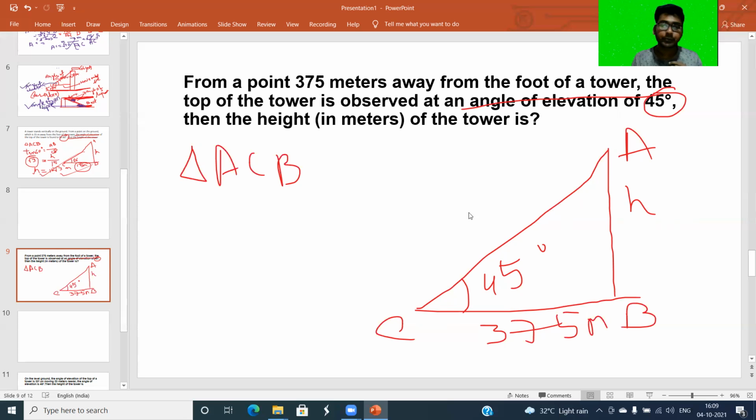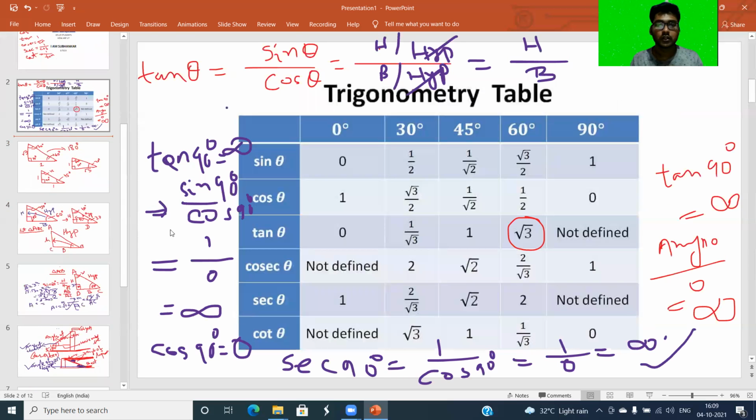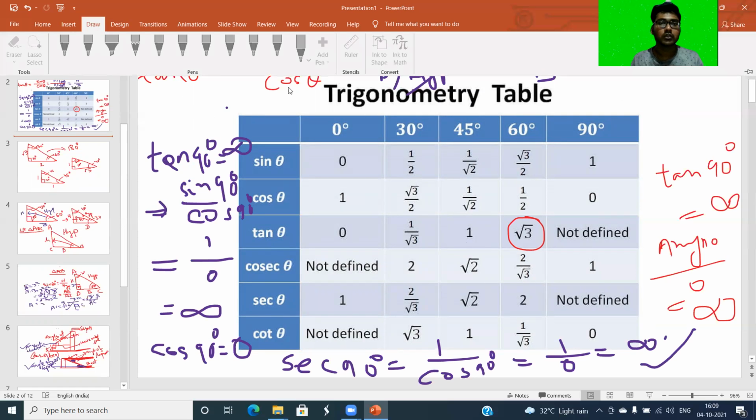Okay, so tan 45 degree is equal to height by base, AB by CB. Okay, height by base. Tan 45 degree is 1. क्या हुआ?